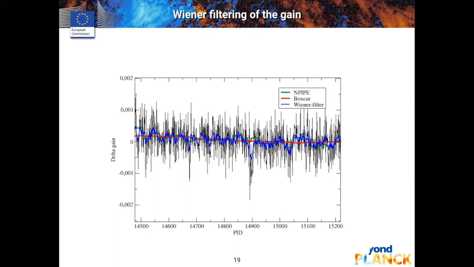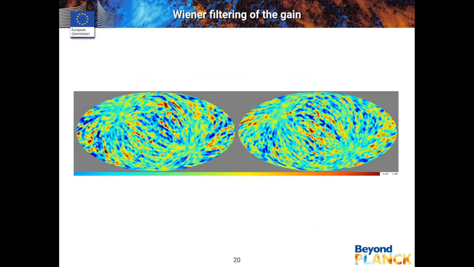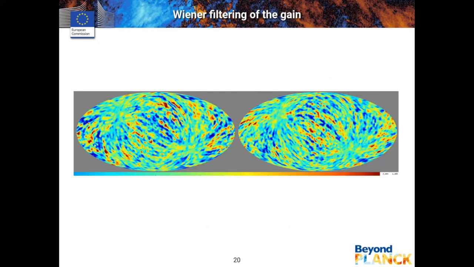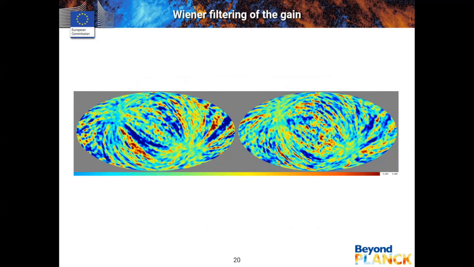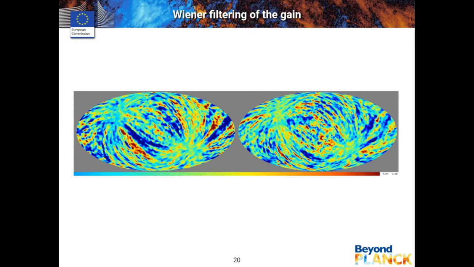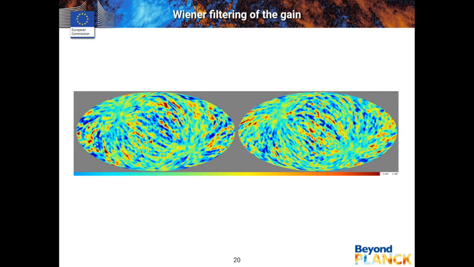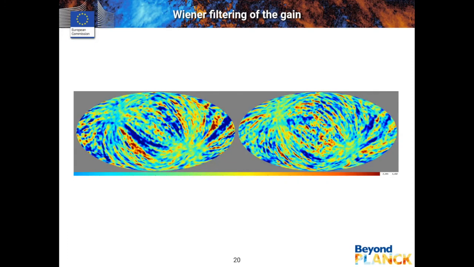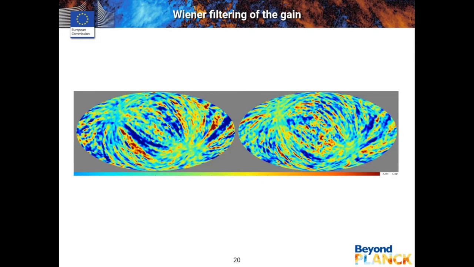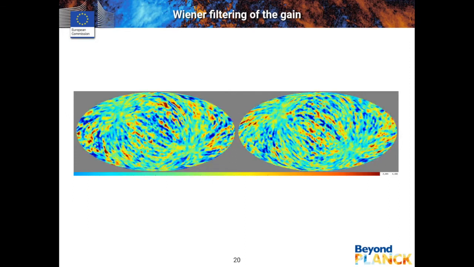So this looks promising to us, and a way that we can verify that this is a better thing has to do with these correlated noise stripes that I talked about, where here I flash between the before and after of the maps. So before, you see these heavy correlated noise stripes in Q and U. Whereas after implementing the Wiener filtering, these noise stripes seem to have vanished. So that's a good sign.